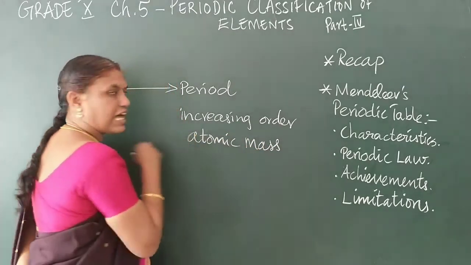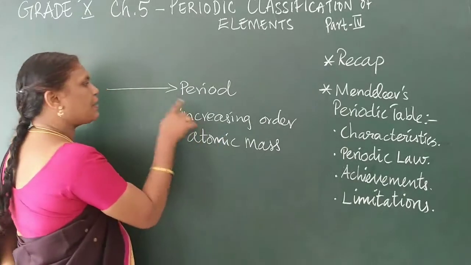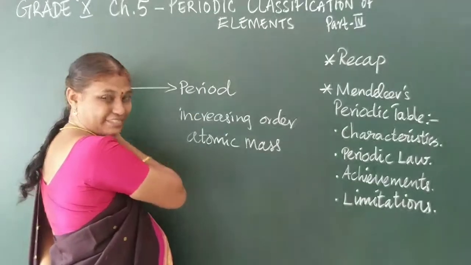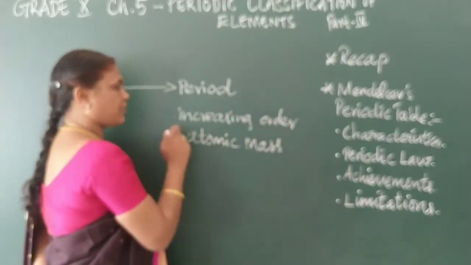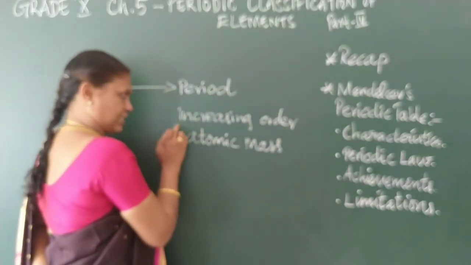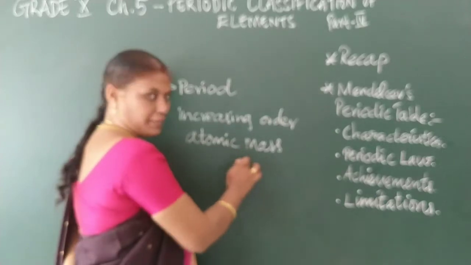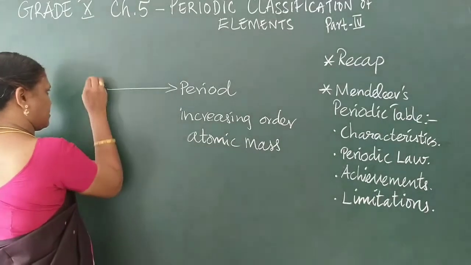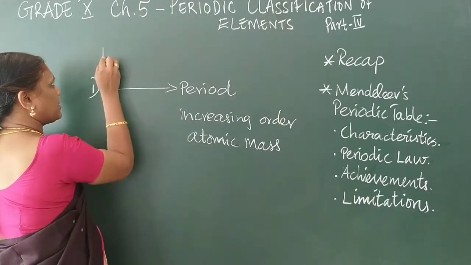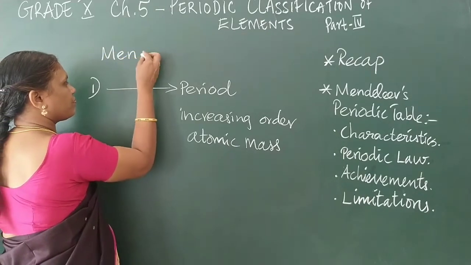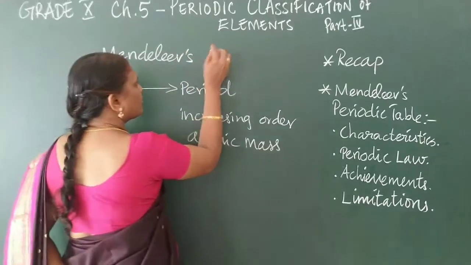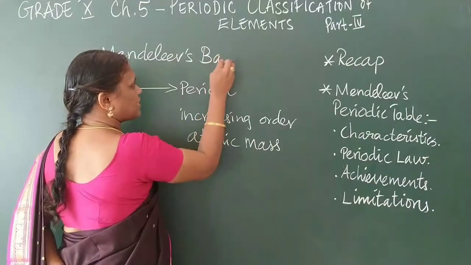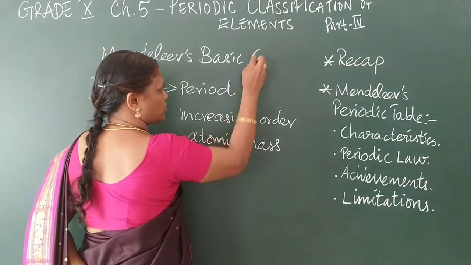So in the period, from left to right, he has arranged the elements in the increasing order of atomic mass. That is the first point, Mendeleev's basic criteria, the basic concept he has chosen.